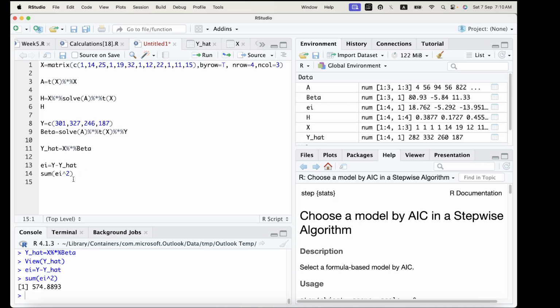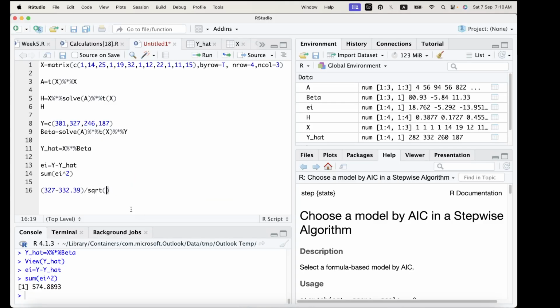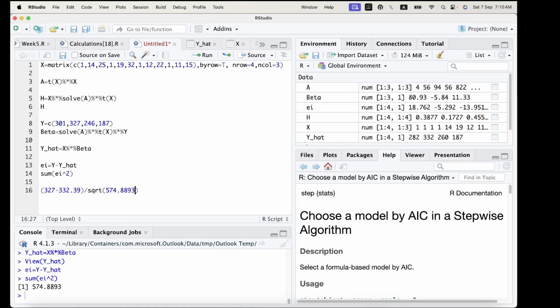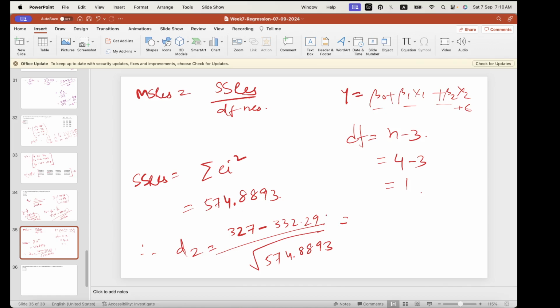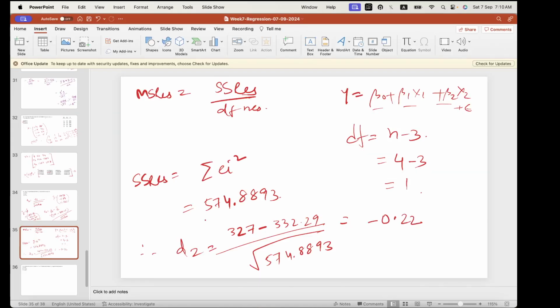This is 327 minus 332.29 divided by square root of 574.8893. So this will be minus 0.22.